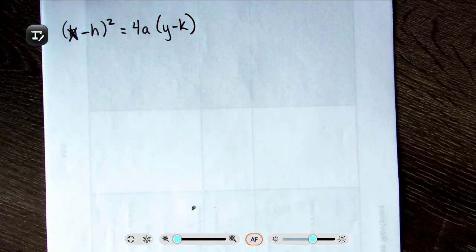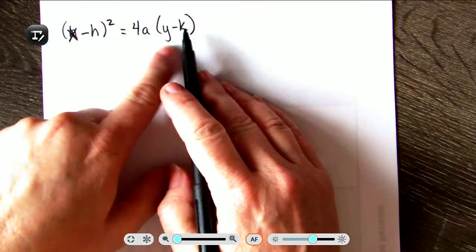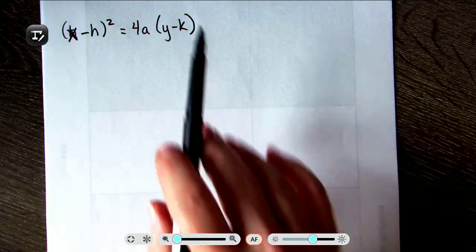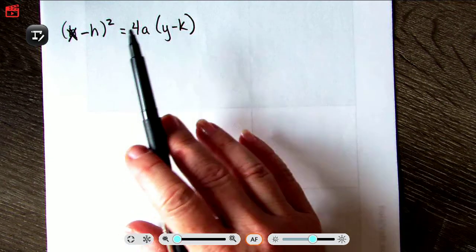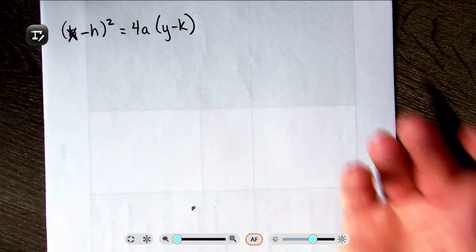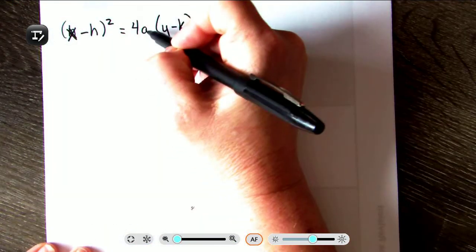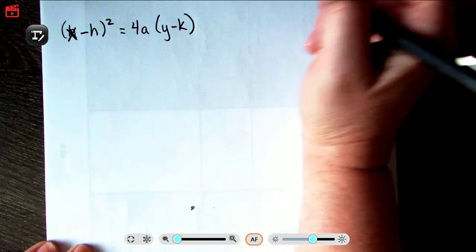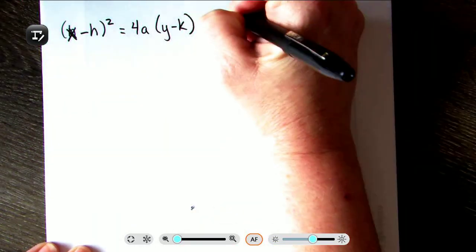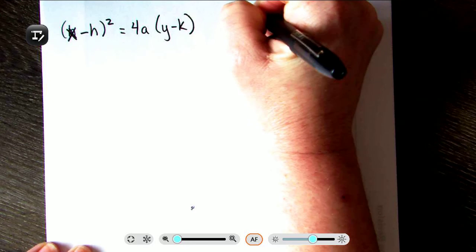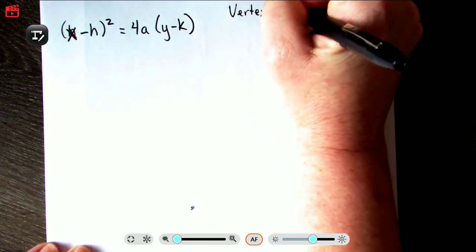And if we multiplied it all out and shoved everything on the other side, like distributed this and then divided, we could get y equals some sort of quadratic in terms of x. This one, you'll notice this is positive, so when we bring it to the other side, this is going to open upwards.